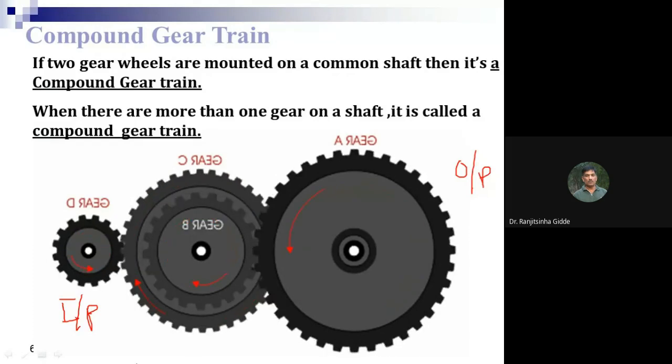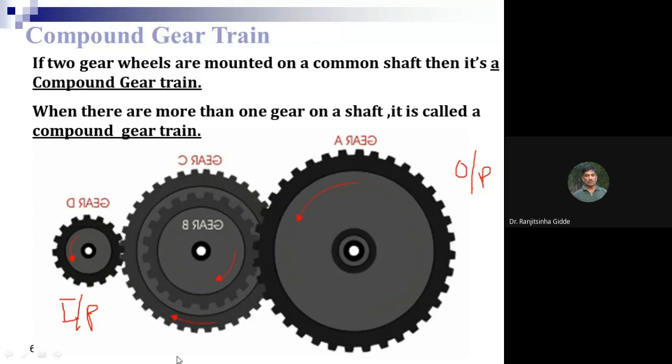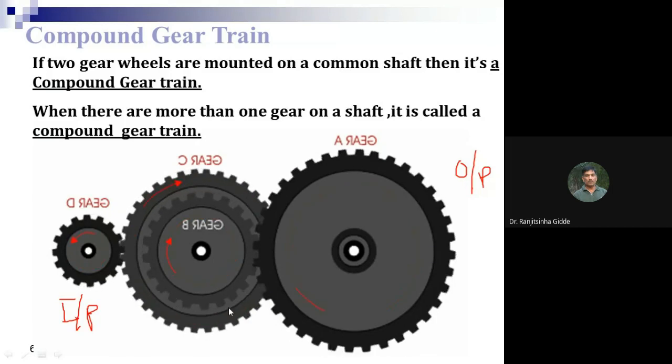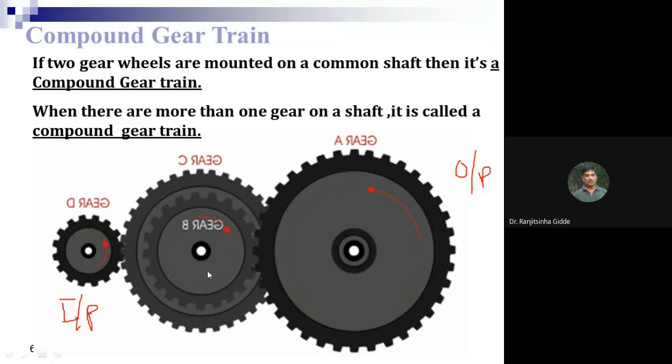How to achieve that more torque? By decreasing the speed. How can speed be decreased? By providing a compound gear train.